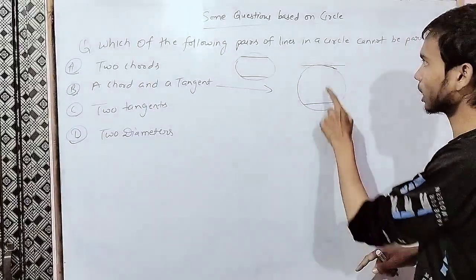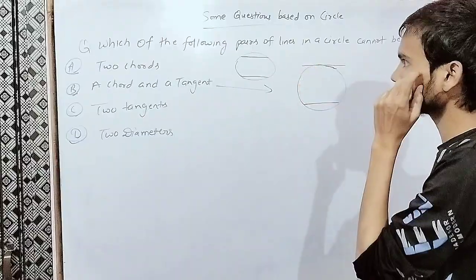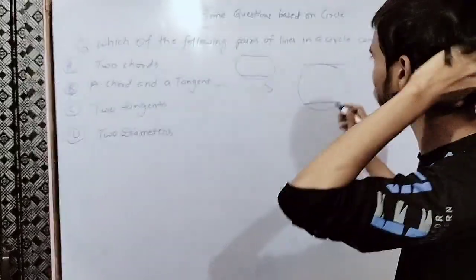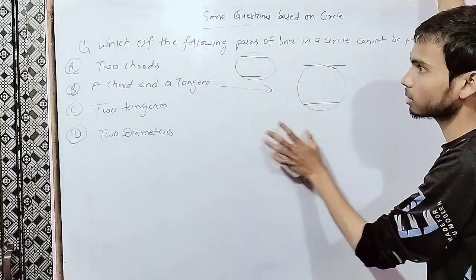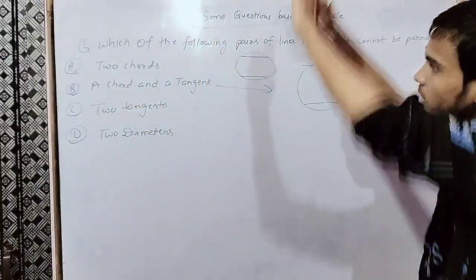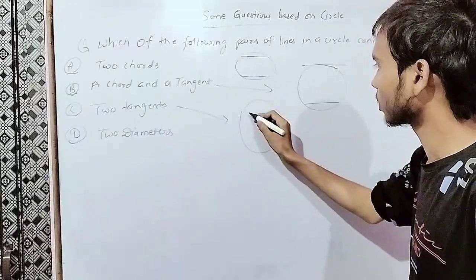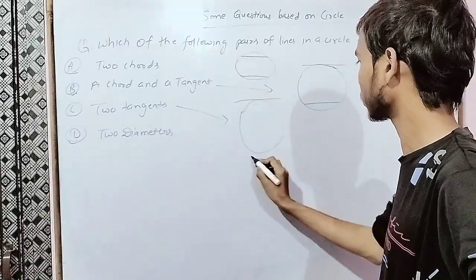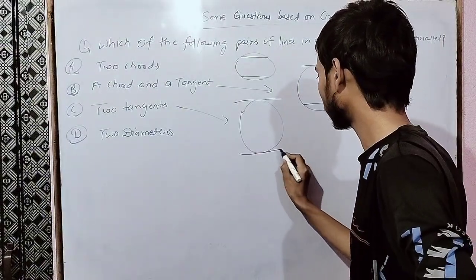This is a tangent and this is a chord, and both are parallel. So of course parallel lines can be formed with a chord and a tangent. In this, two tangents. Yes, you can see these are two lines that are parallel to each other.